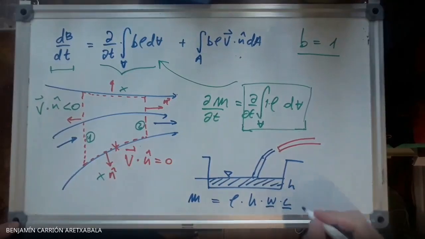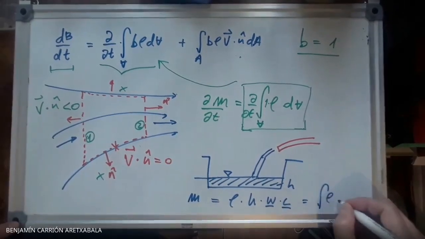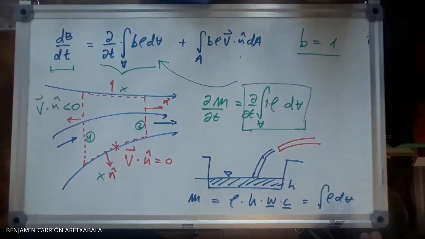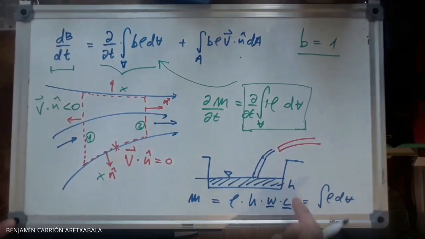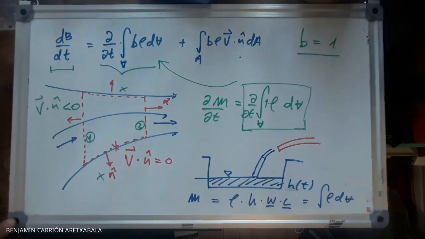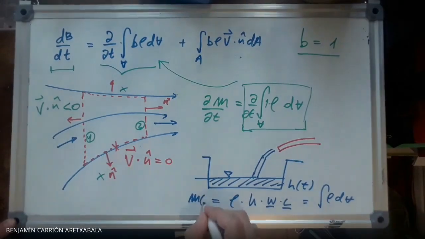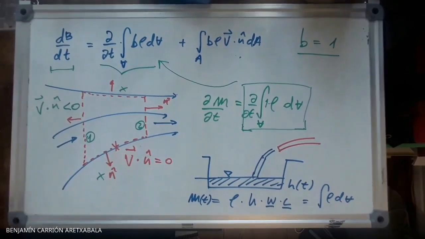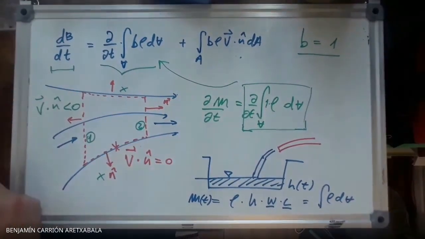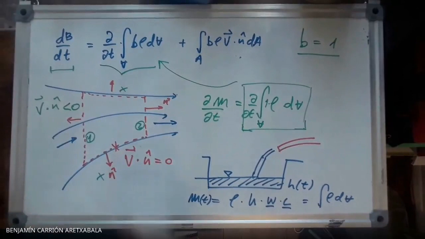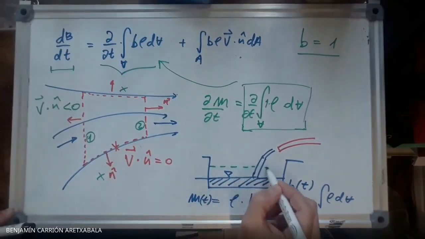This is just the same as the integral of rho over dV, but in this case the volume is a parallelepiped. But you have to realize that h is actually changing over time. So this is the mass at this moment in time. If you come a couple of hours later, then your pool is going to be up until here.